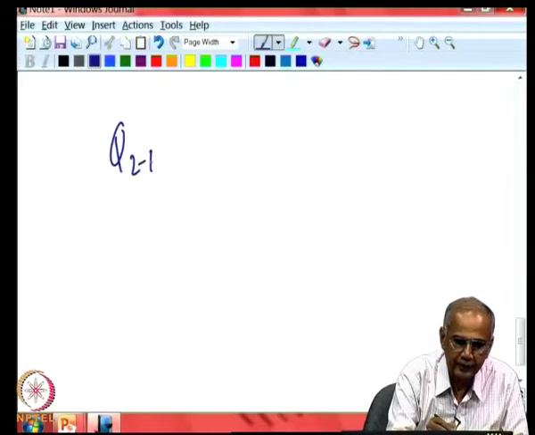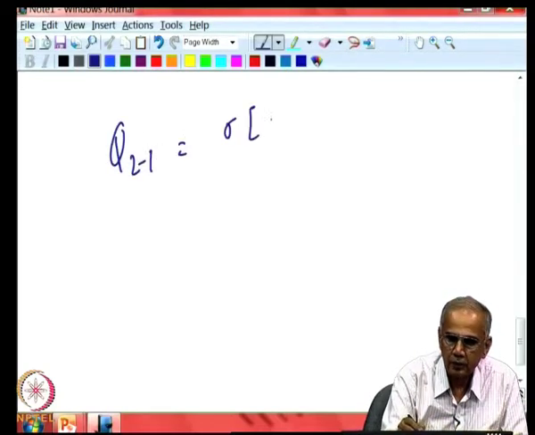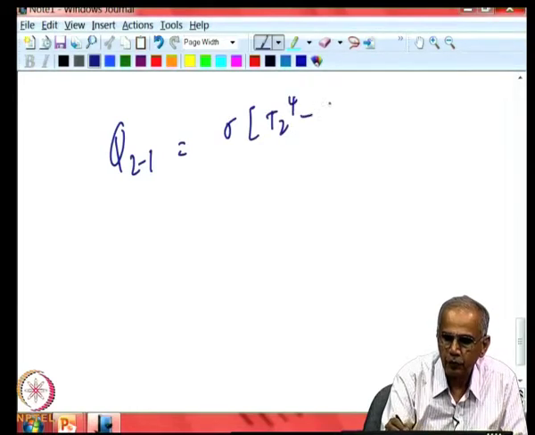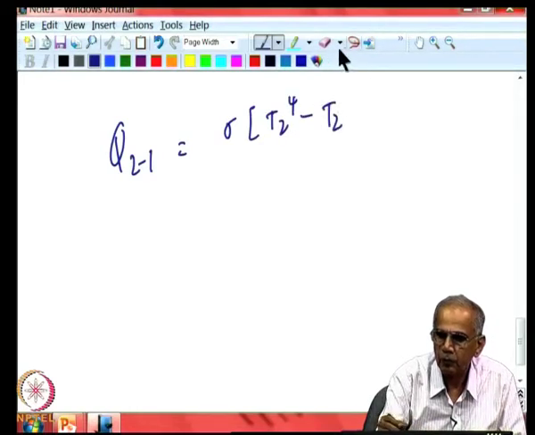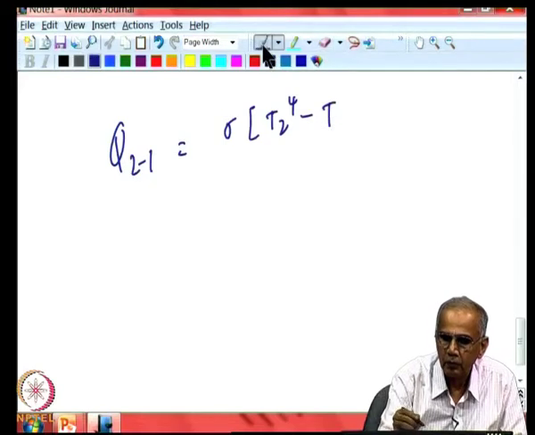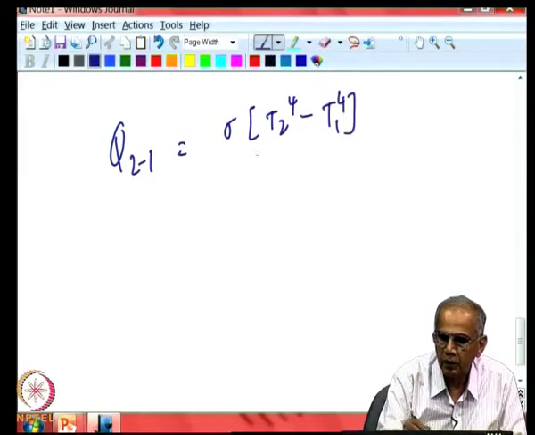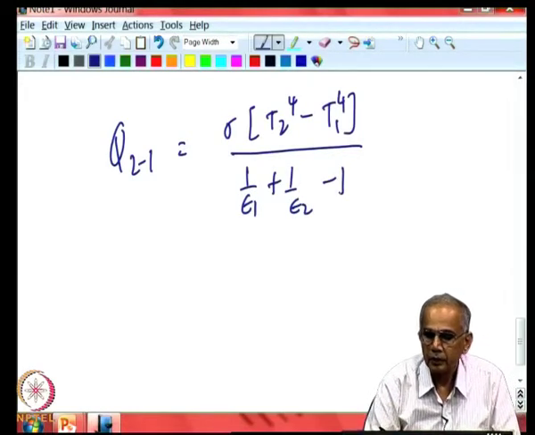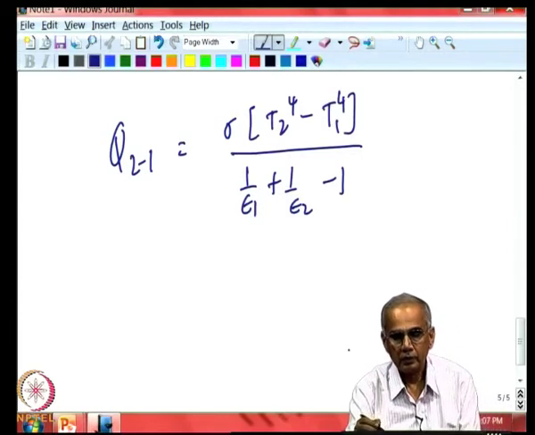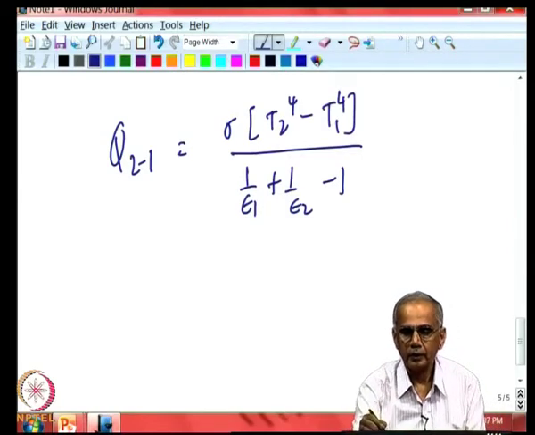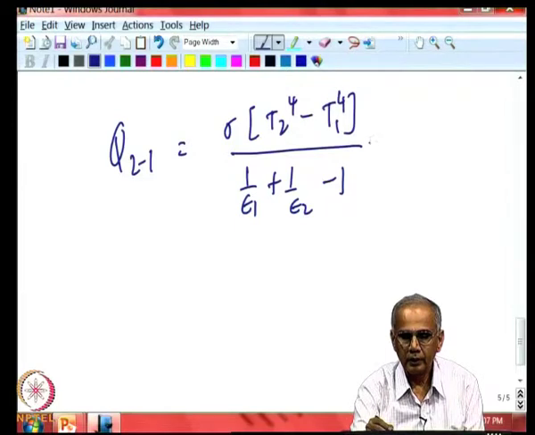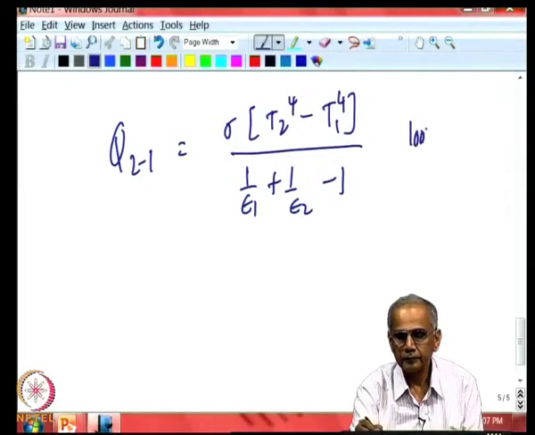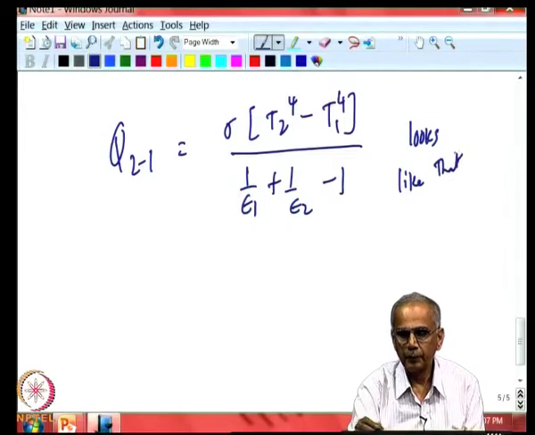Q2 to 1 net is sigma times T2 to the power of 4 minus T1 to the power of 4, divided by 1 by epsilon1 plus 1 by epsilon2 minus 1. So, if the surface is specular, then the final answer looks like that between parallel plates.